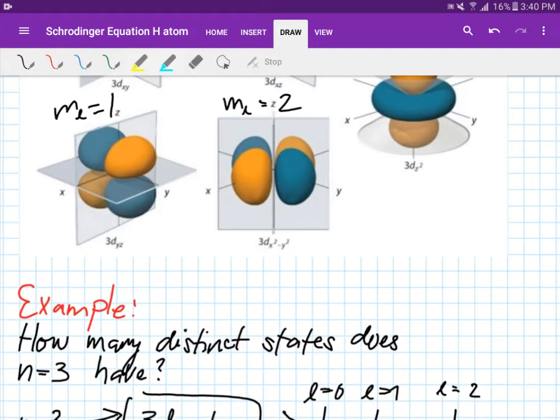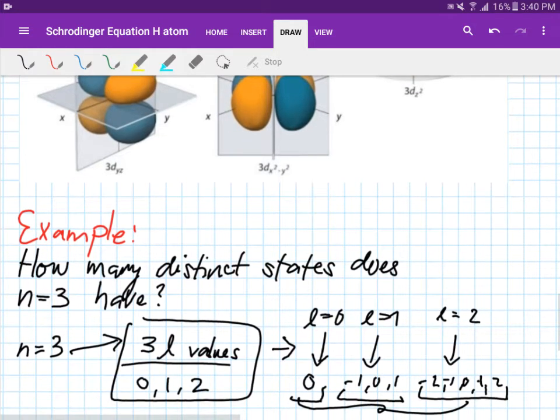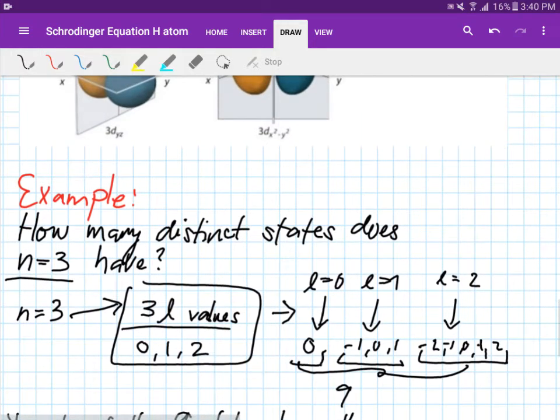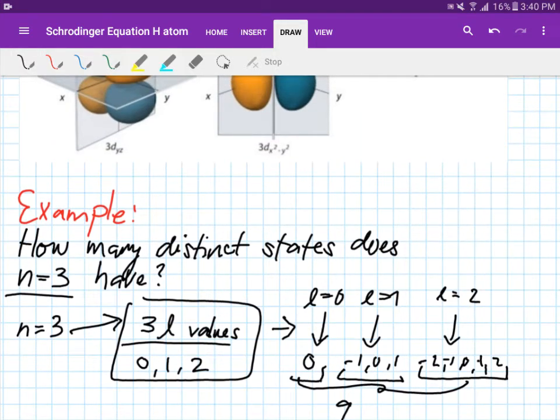So here we have an example. How many distinct states does n equals 3 have? For n equals 3, we would have values of l from 0, 1, and 2. For every value of l, for example, l equals 0, we would have 2l plus 1 values for ml. So 2 times 0 plus 1, you would have 1 value.